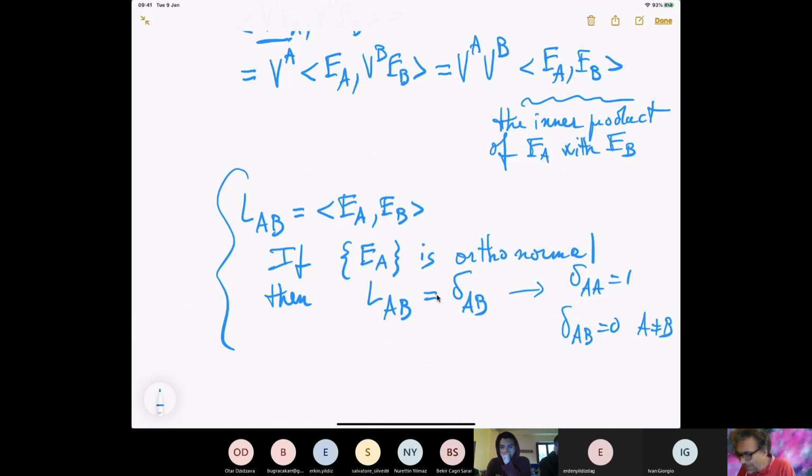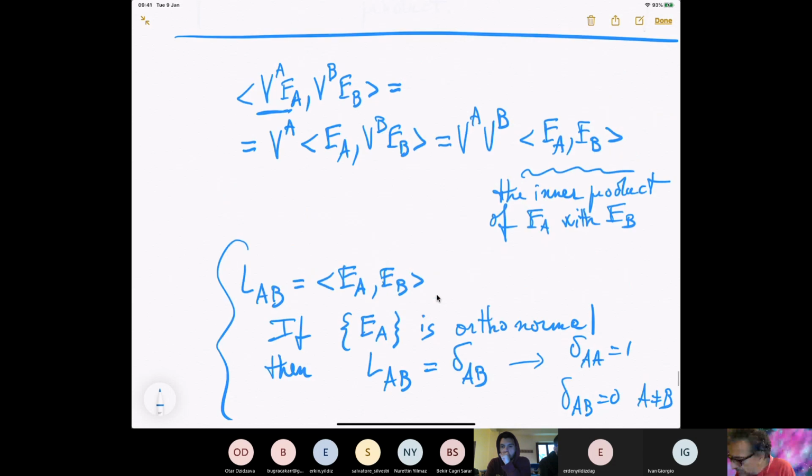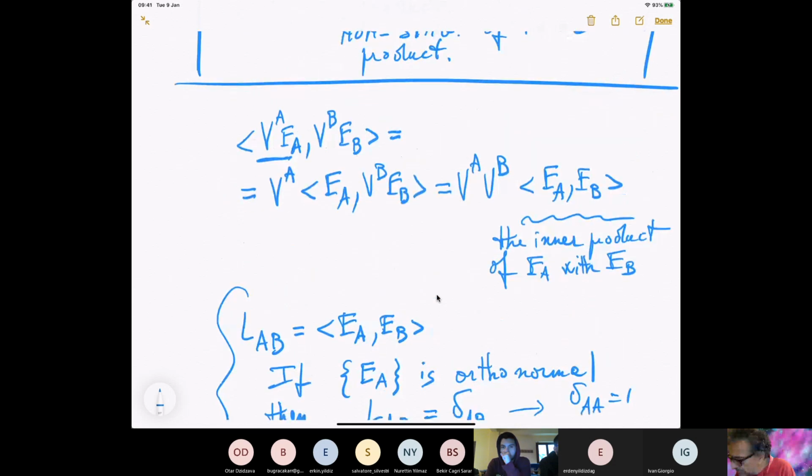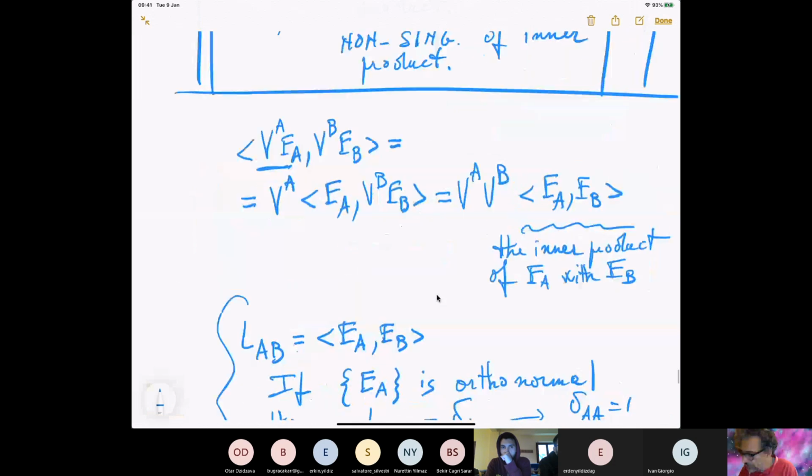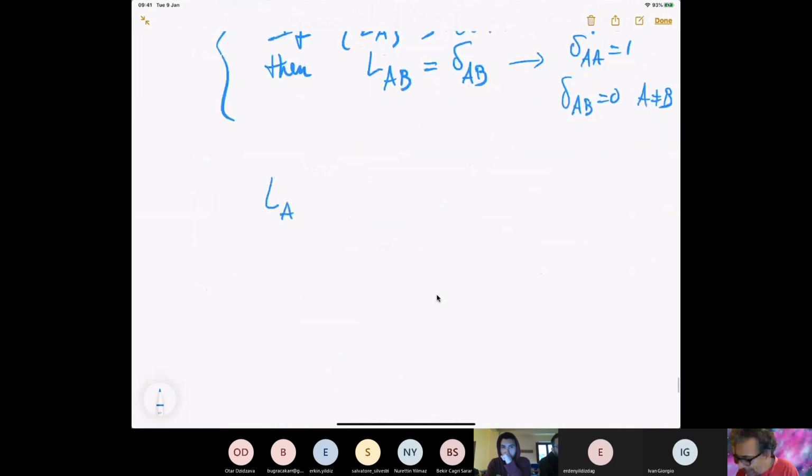Okay, now let us go back to non-singularity here. So I know that L_AB V^A V^B is equal to 0.